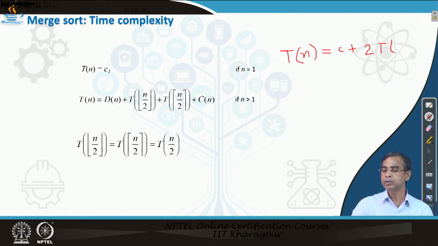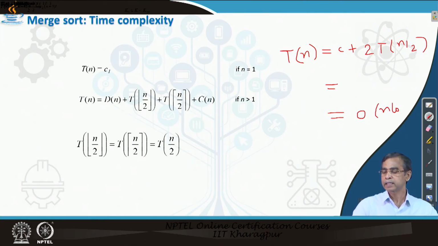So, it is basically 2T(n/2). So, if we continue this recursive explanation, okay, if you solve the recurrence relation actually, then ultimately you can check that the complexity is order of n log n.